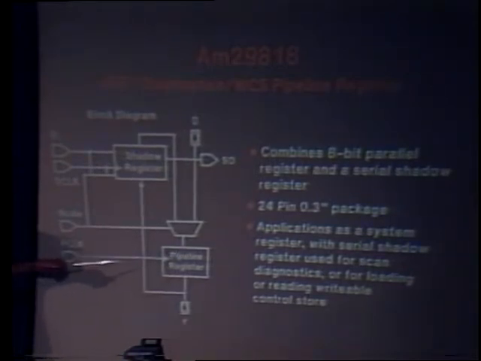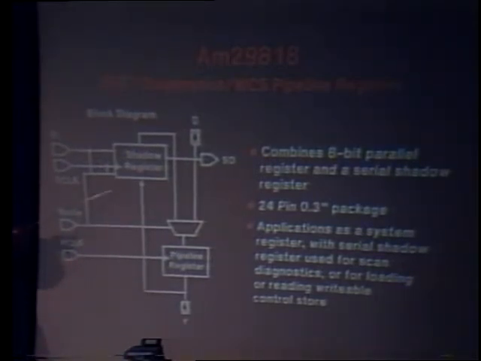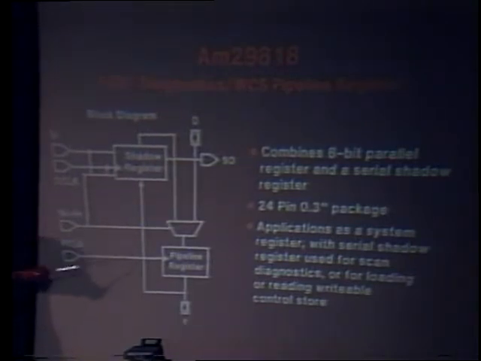Or you could dump this pipeline register into the serial shadow register and then look serially, through this line, at what was there in the system register. This one here is a 24-pin 0.3-inch package, and they say that it is available.